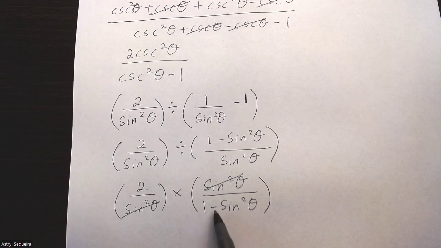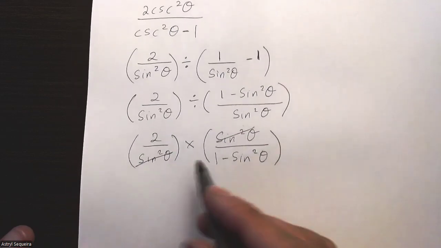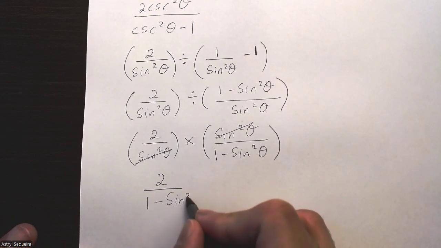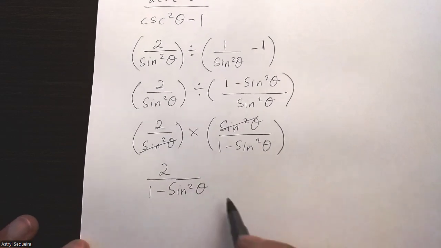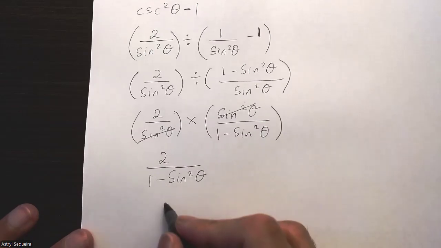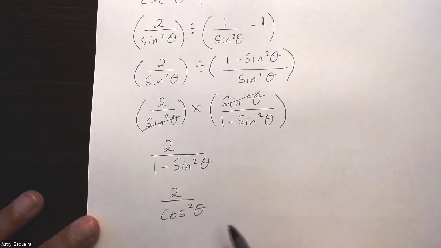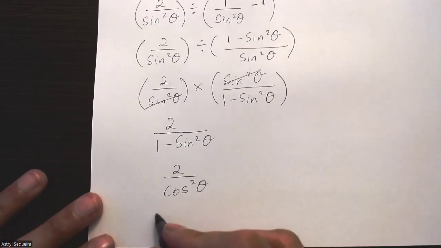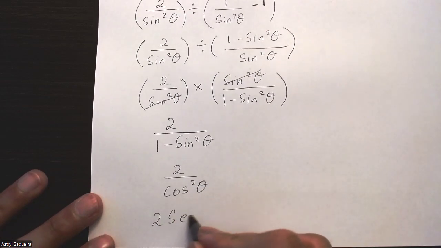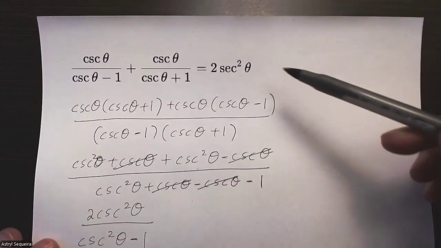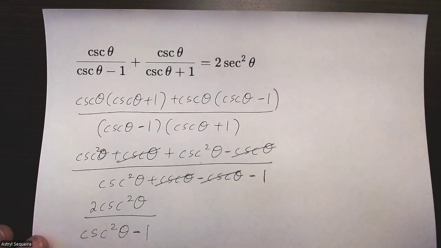I can't cancel this one here because there's a minus there. So now I'm just left with 2 over 1 minus sine square theta. Using a Pythagorean identity, you should know that 1 minus sine square is just cos square theta. And then I can just convert this to 2 sec square theta, and it matches the other side.